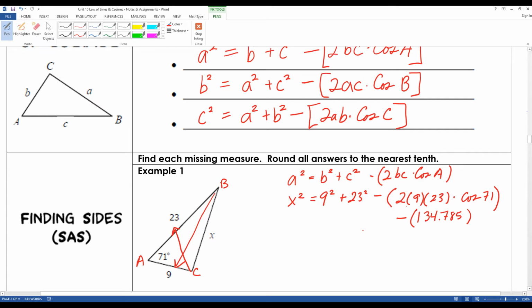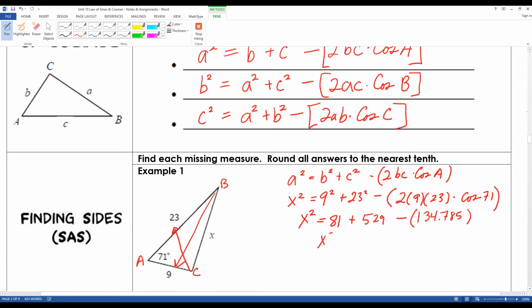What is 23 squared? 23 squared is 529. And 9 squared is 81. Okay, so now I've got my numbers. So I just add them back up. 81 plus 529 minus 134.785. Enter.